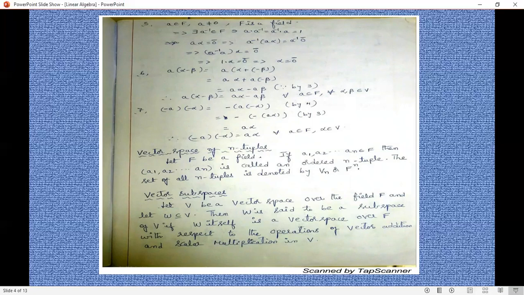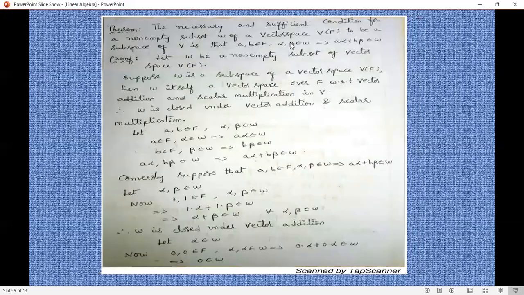Therefore, a alpha = 0 bar implies, applying a inverse on both sides, a inverse·(a alpha) = a inverse·0 bar. Applying the associative law, a inverse·(a alpha) = (a inverse a)·alpha = 0 bar. 0 bar into anything equals 0 bar.